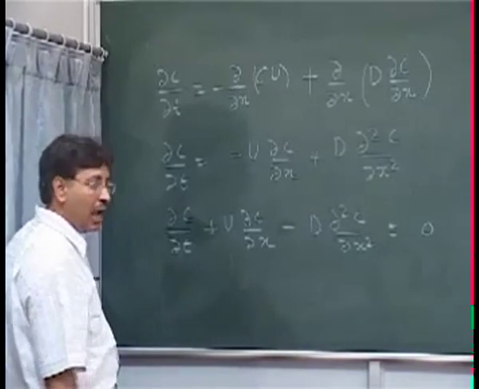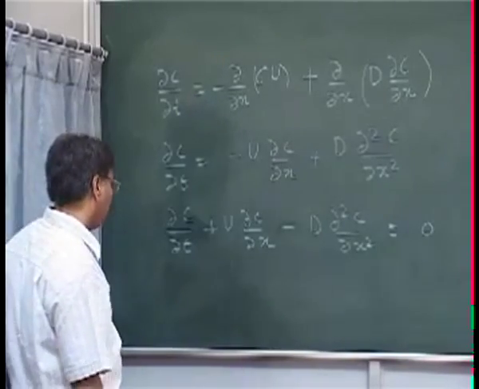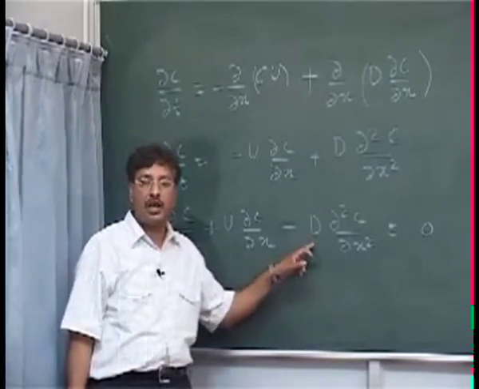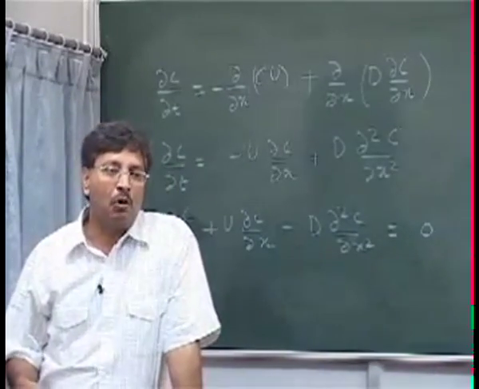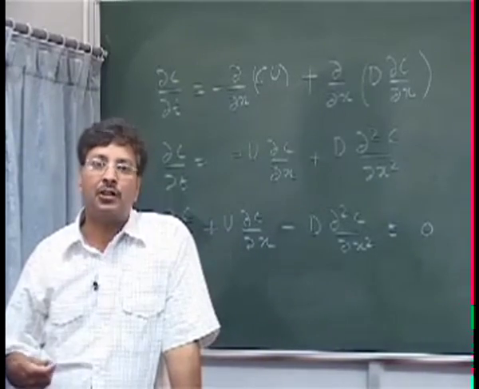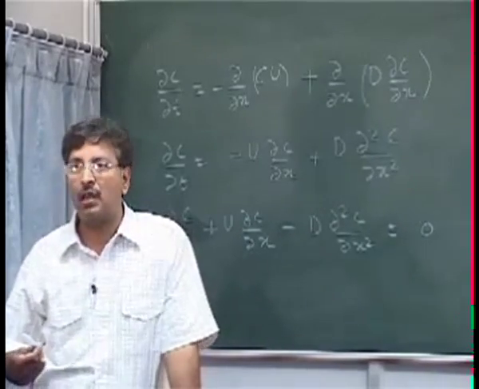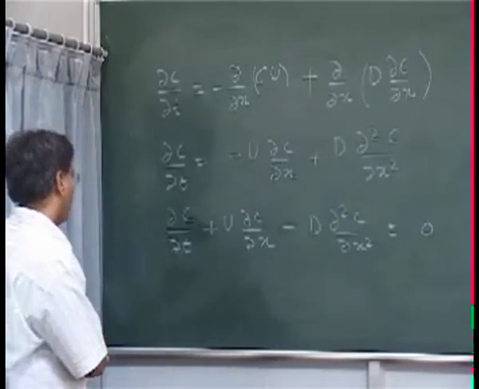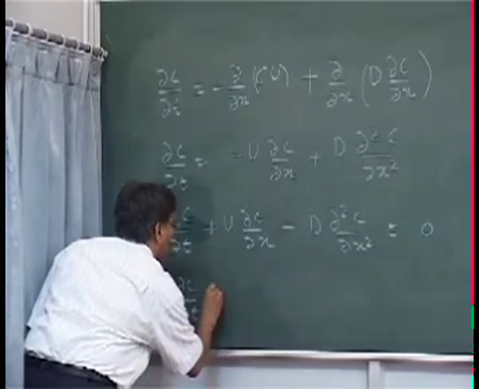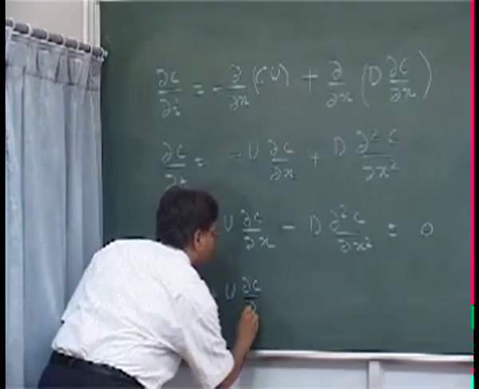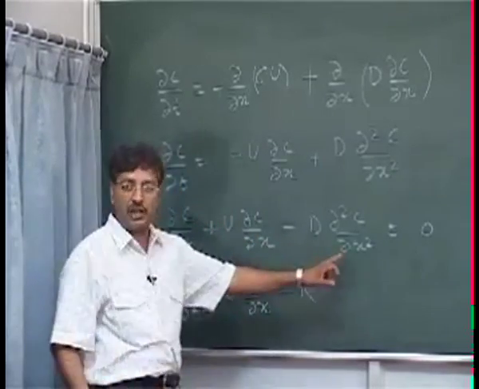And if you agree, I can write a three-dimensional form of this one. But before we do that, you recall this d, we are taking this as the molecular diffusion. Now this d we will replace with the turbulent diffusion, because in the atmosphere most of the time we encounter the turbulent diffusion, hoping that the theory remains the same. So I can write this plus u del c by del x minus, normally the turbulent diffusion we are talking in the x direction only.